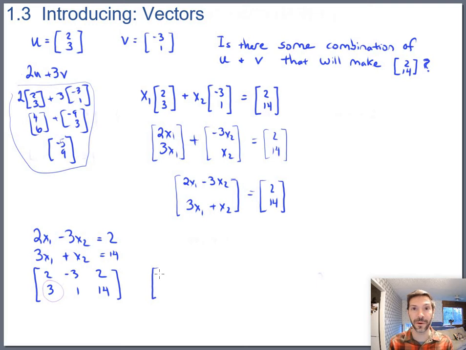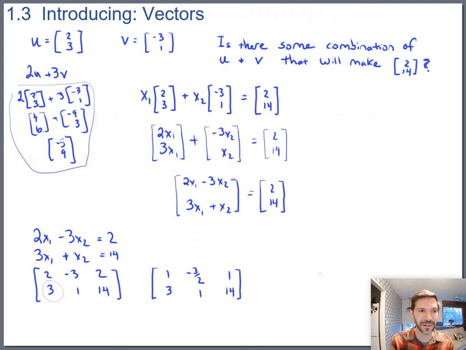That's one of our legitimate row operations, or actually multiplying a row. So multiplying the top row by 1/2. So that becomes 1, -3/2, 1. Bottom row 3, 1, 14. There's still a fraction, but I've put off dealing with it, at least for a step.